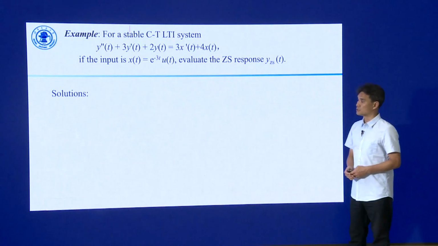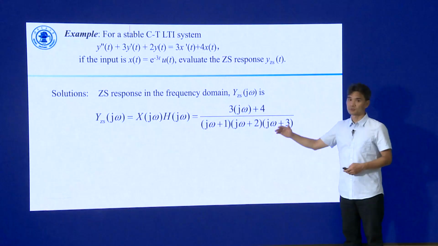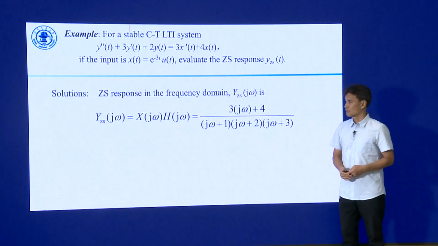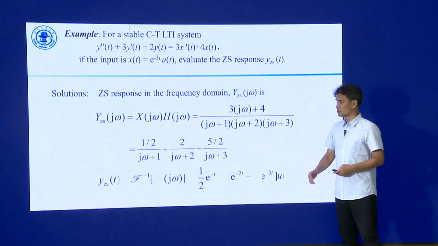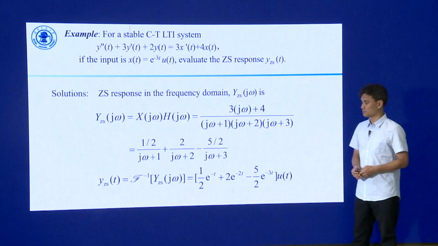The system's zero-state response in the frequency domain is the multiplication of the input and the system's frequency response. Now we can convert it into the time domain, and this is the system's zero-state response.